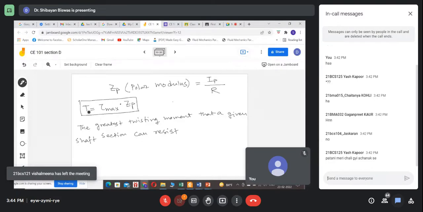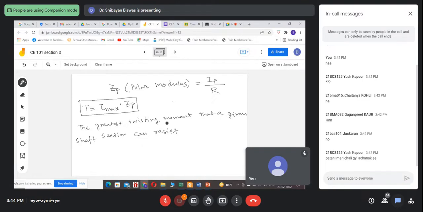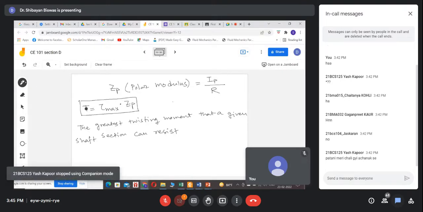So this is the T, this is the total moment of resistance. So the greatest twisting moment, and this is the resistance coming from the internal reactions.